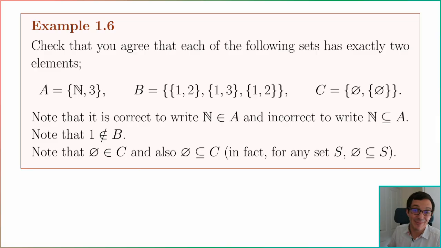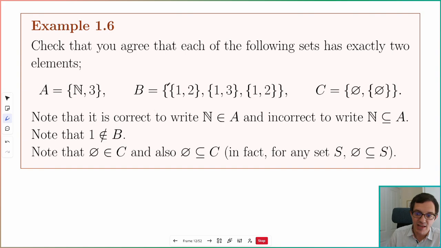So here we go. For example, let's look at B first. B in the middle here is a set of sets. In this example, you can tell because of the two levels of curly braces. It's a set of sets, and in this case, 1 is not an element of B. And that seems confusing, right?